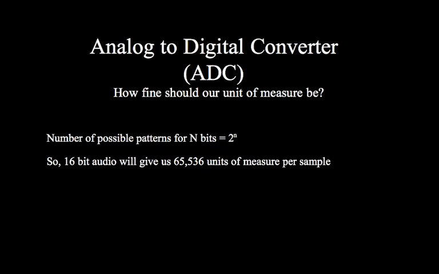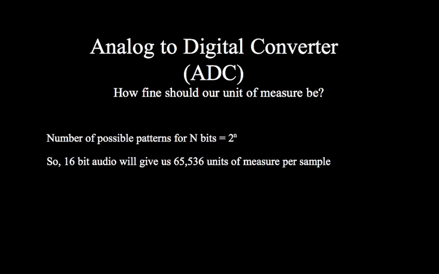Every sample is a string of bits or bytes, depending on how I think about it. In other words, each time we measure, we have a sequence of ones and zeros that tells us what notch on the ruler the amplitude was at that moment of time during that measurement.